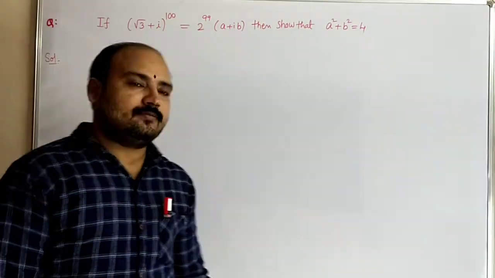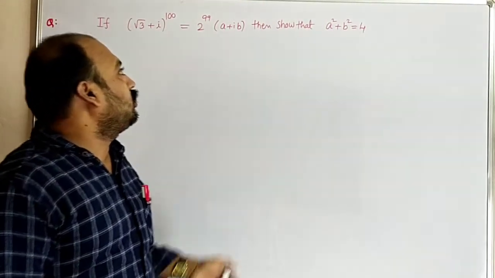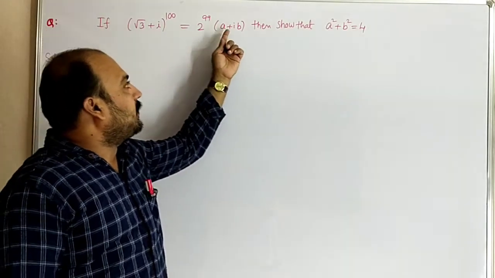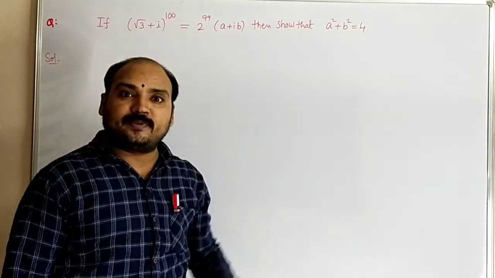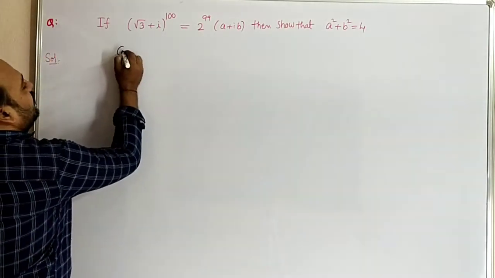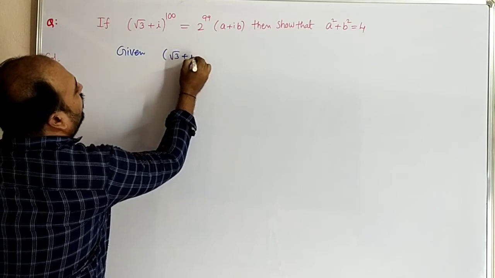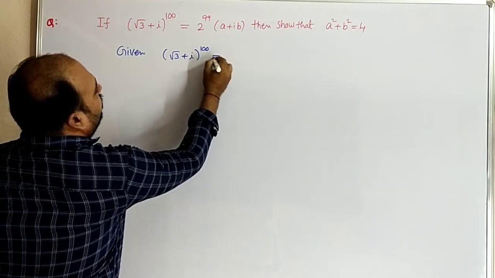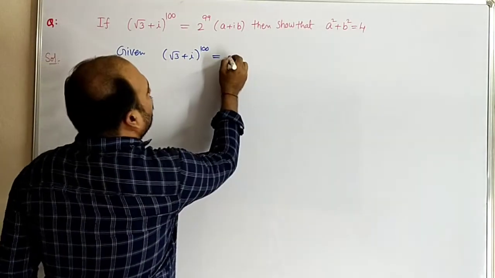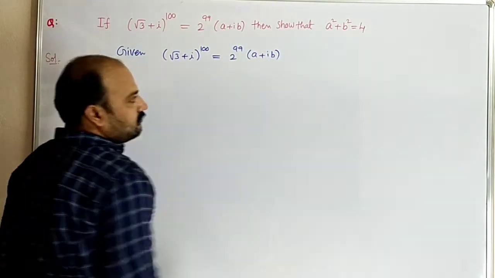The next question. If root 3 plus i whole power 100 equal to 2 power 99 into a plus ib, then show that a square plus b square equal to 4. First, given root 3 plus i whole power 100 is equal to 2 power 99 into a plus ib.